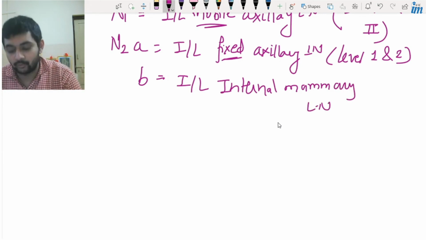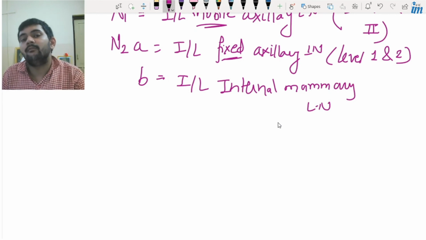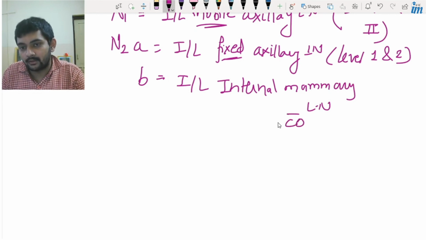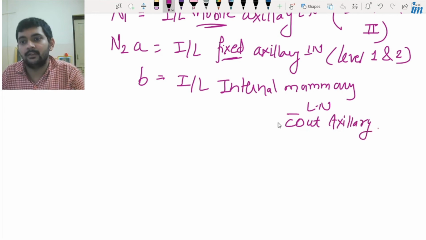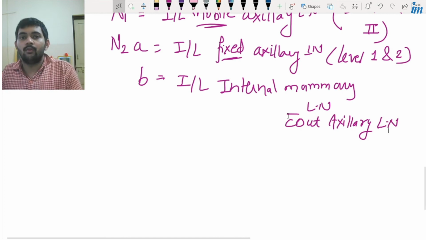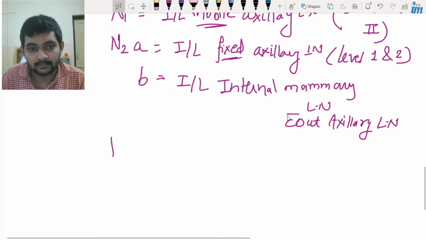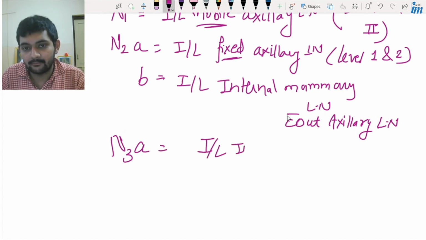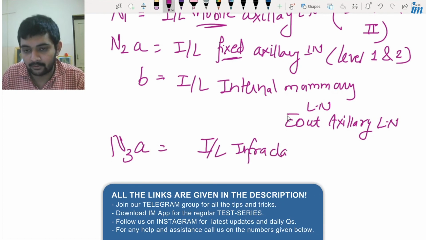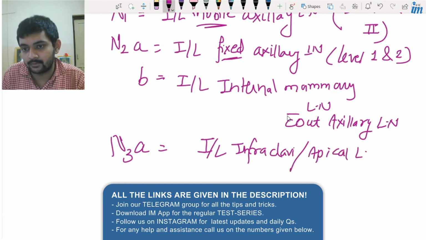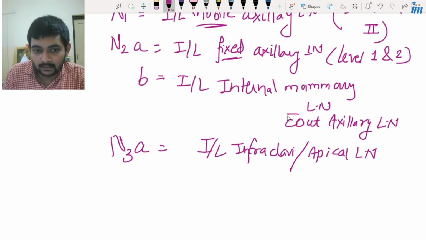Internal mammary lymph nodes without, okay, that is without axillary lymph nodes, that is going to be N2B. N3A will be ipsilateral infraclavicular or apical lymph nodes. Okay, then N3B will be ipsilateral.